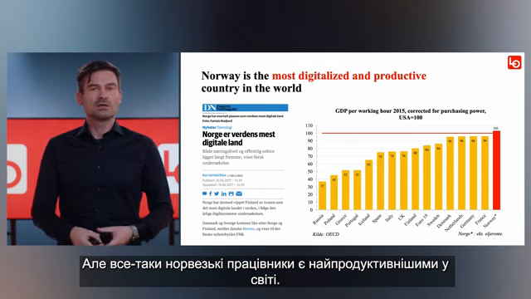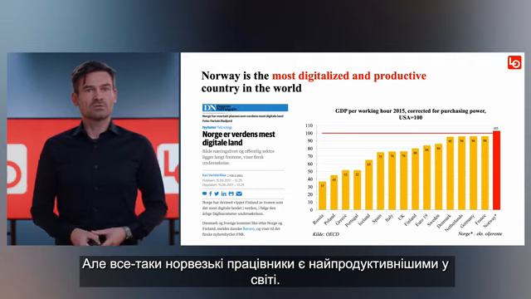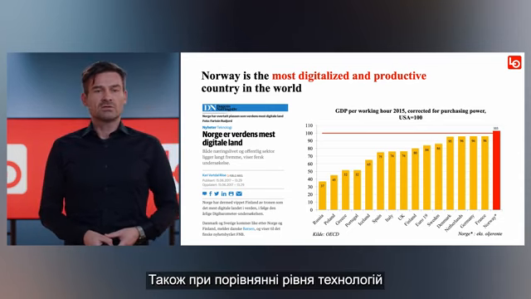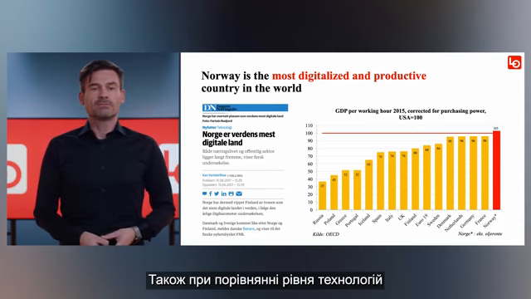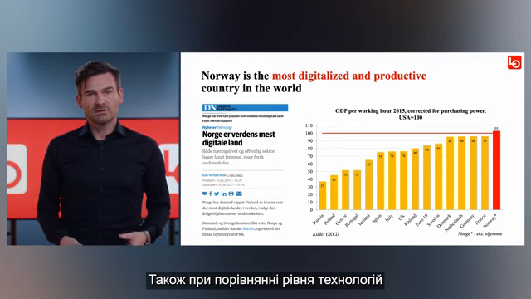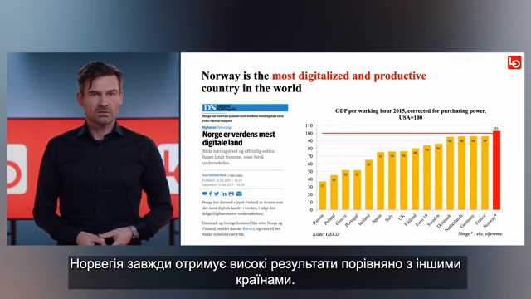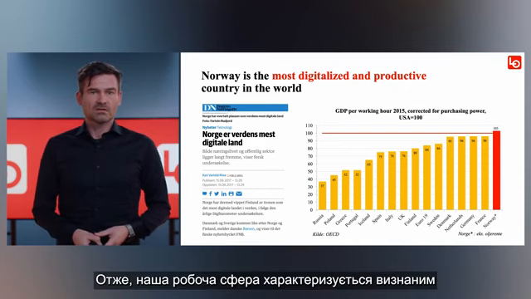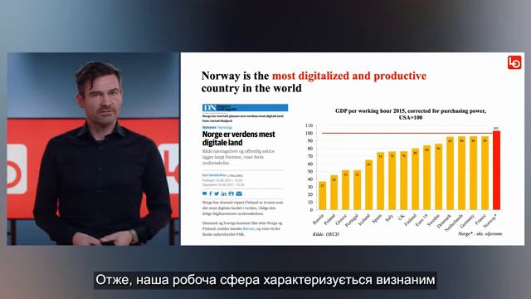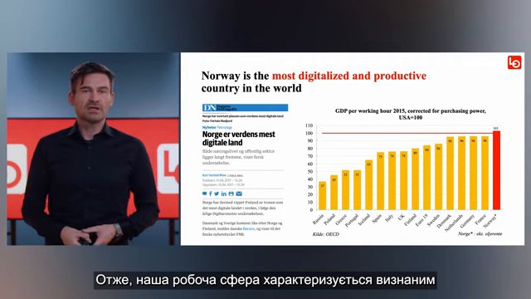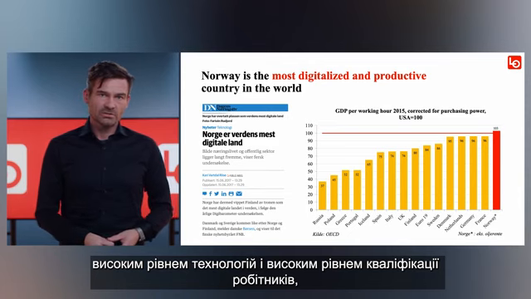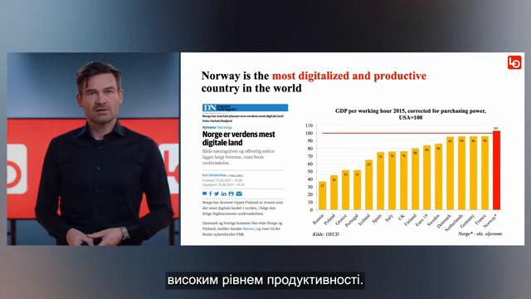But still, Norwegian workers are the most productive workers in the world. And also in comparing technology levels, Norway always scores high compared to other countries. So our working life is characterized by a high level of technology, a high level of skilled workers, and high productivity.